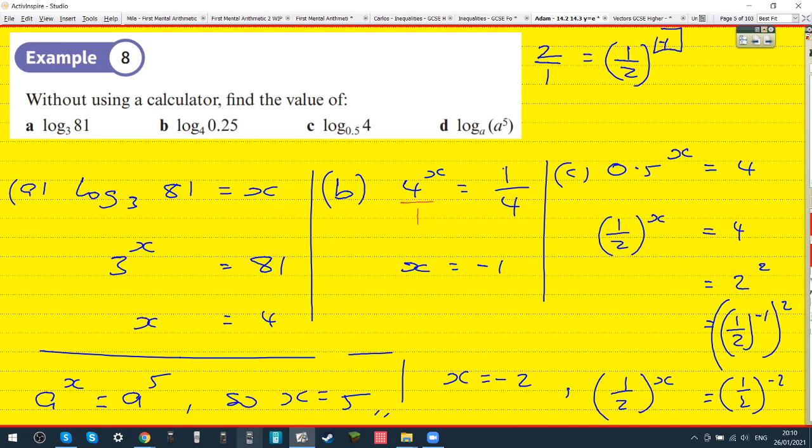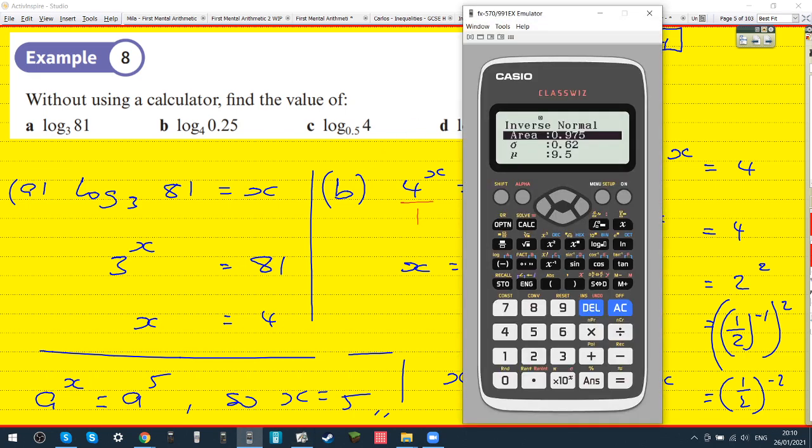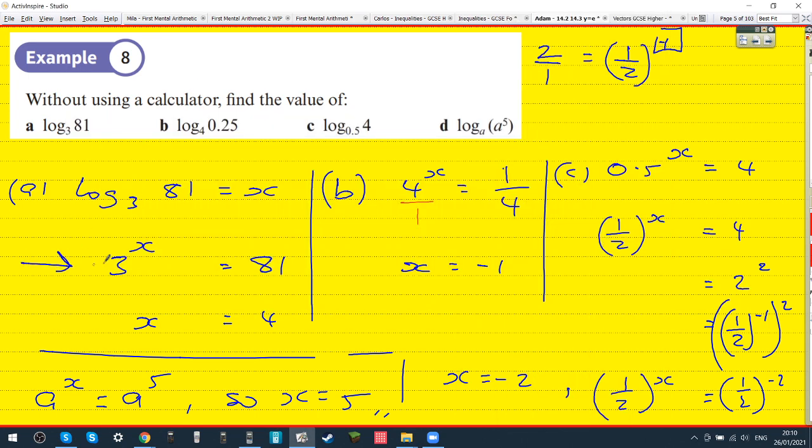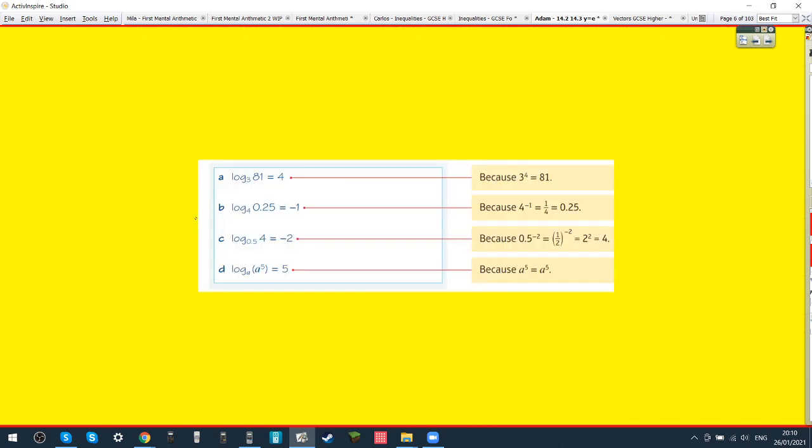What you would really do is log base 3 of 81, and you get 4. So that's what logs are. If 3 to the power of x is 81, you don't divide both sides by 3. Actually, you write it in log form, which is the opposite of an exponential.